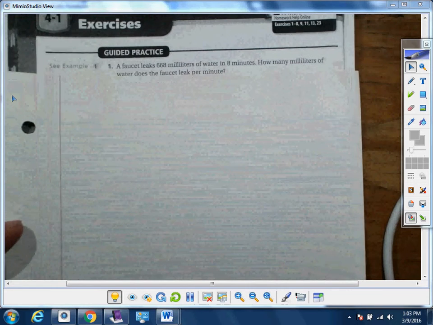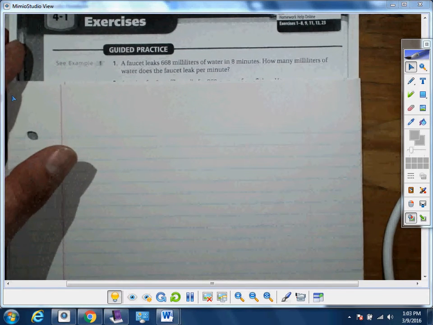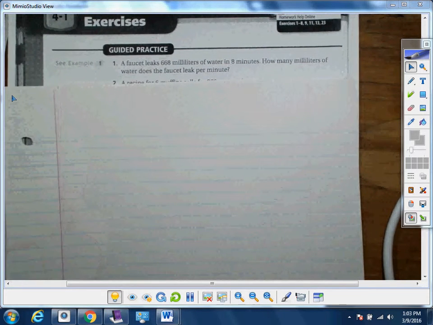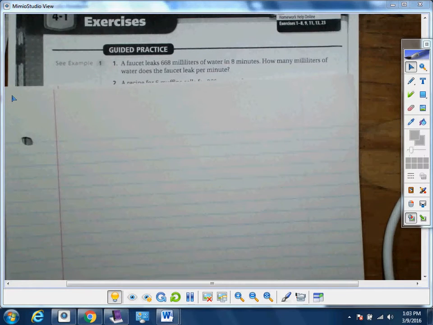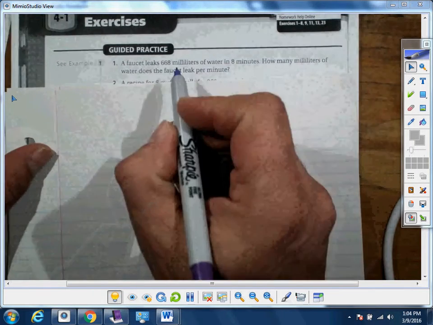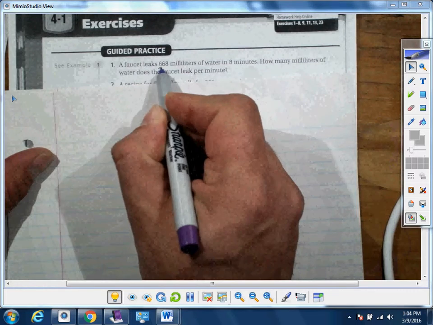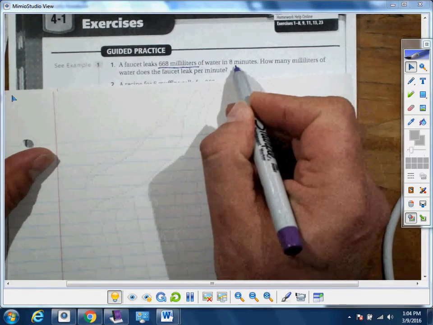So the first one says, a faucet leaks 668 milliliters of water in 8 minutes. So I've got 2 numbers I know. I have 668 milliliters of water, and I know that it drips out that much in 8 minutes. So the number I'm going to put on top is the bigger number.